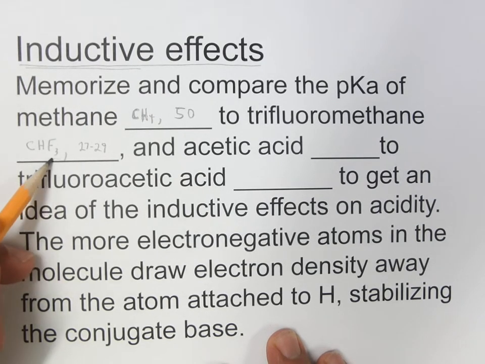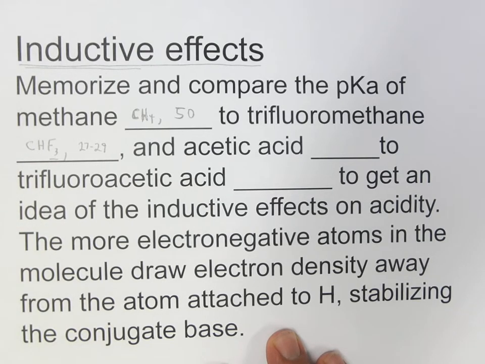So the presence of these fluorines, which are not directly attached to that hydrogen, is going to affect the pKa and the acidity of this acidic hydrogen. In each case there's a CH bond where the hydrogen is the most acidic atom in the molecule, and the other atoms in the molecule are going to affect its acidity.